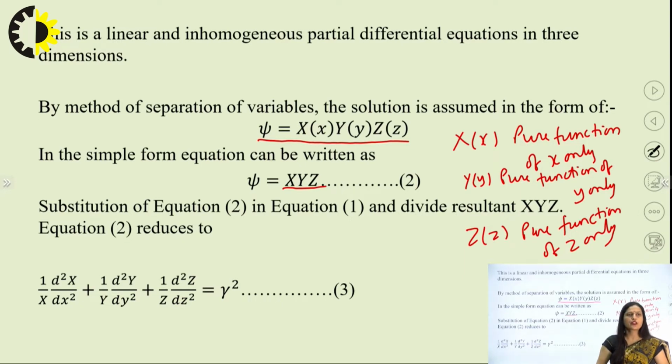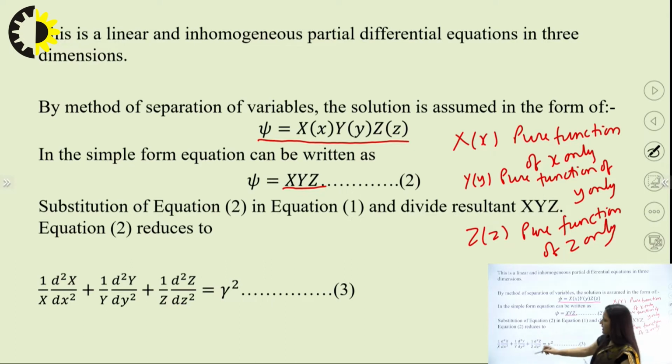Now substitute equation number 2 in equation number 1, and after putting the value of 2 into 1, the complete result is divided by X Y Z. Then finally we get 1 upon X del square X upon dx square plus 1 upon Y del square Y upon dy square plus 1 upon Z del square Z upon dz square is equal to gamma square.